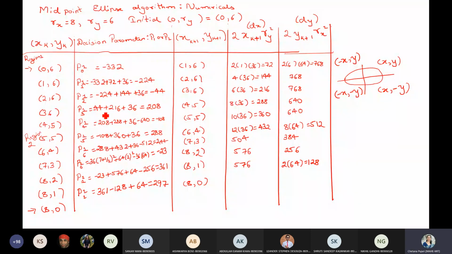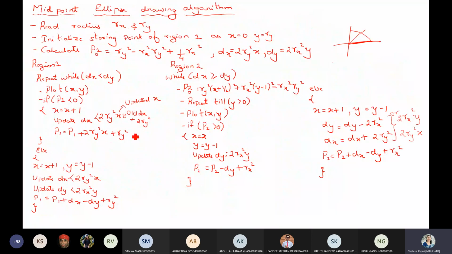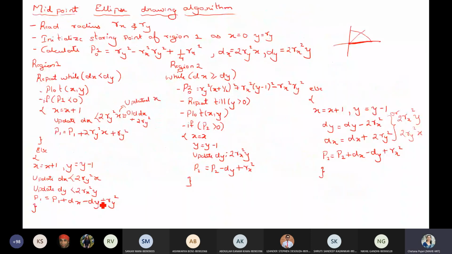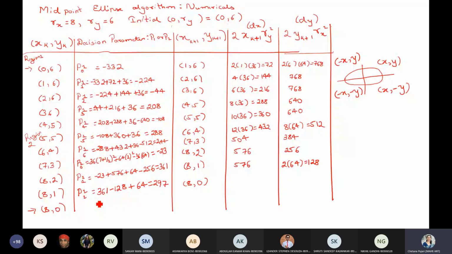So second iteration, P1 is equal to this equation, P1 plus dx minus dy plus ry square, right? So we are making use of this. A new term gets added over here, that is minus dy. You can see in this equation we have a new term, minus dy.